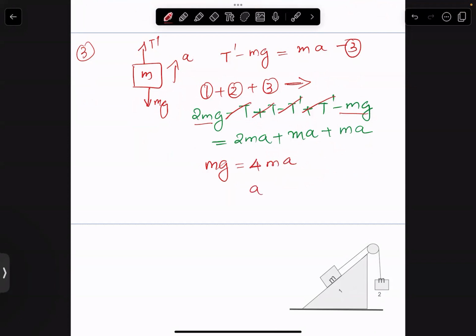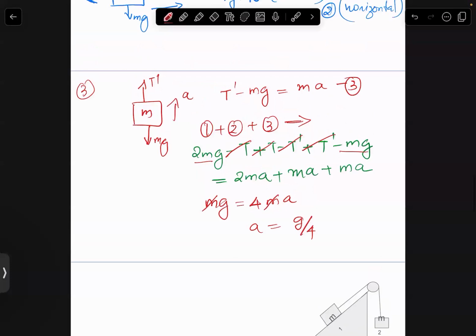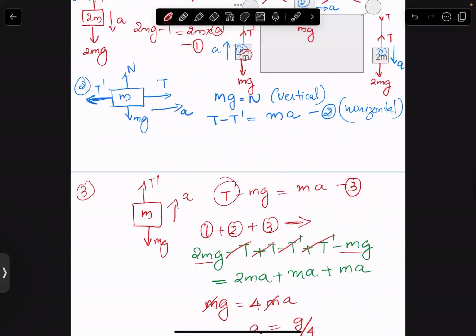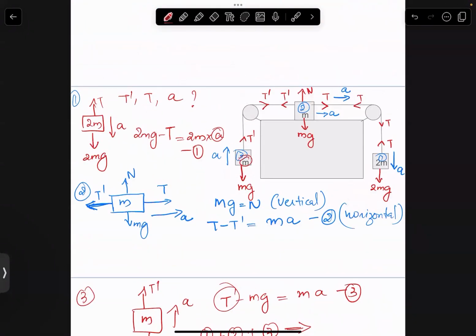So A equals g by 4, as m will cancel out. This is the acceleration of the system. If you substitute this acceleration in equation 3, you will get T dash, and if you substitute it in equation 1, you will get T.